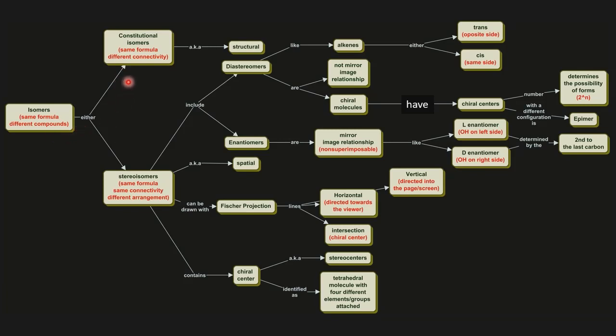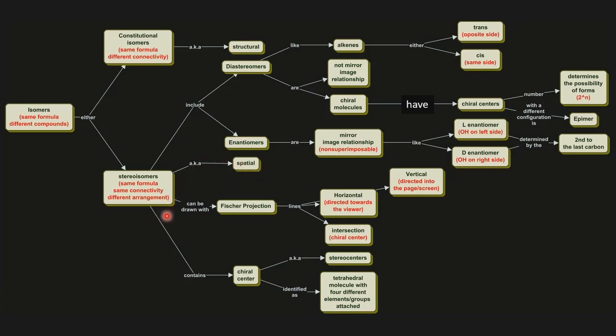One is constitutional isomers, also known as structural isomers. They have the same formula but are connected differently. A stereoisomer has the same formula and is connected in the same way, but is oriented differently in space. That's why it's called a spatial isomer.